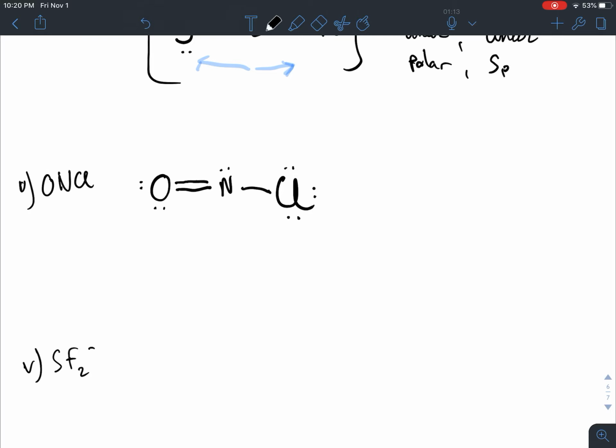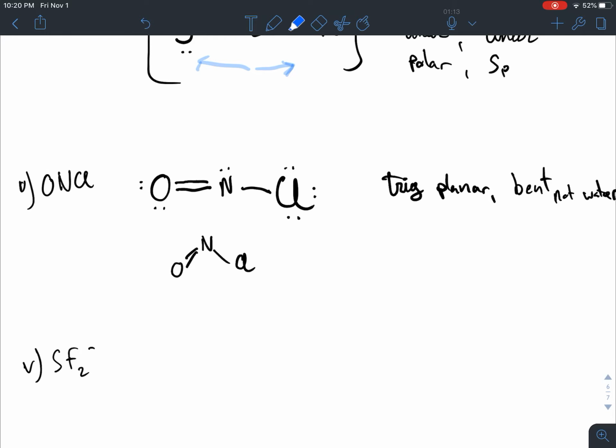Which I feel like we did before, but whatever. The base shape is trigonal planar. It is bent, the molecular shape, but not like water. It's a different kind of bent. Is it polar? Well, we need to draw what it actually looks like, a better representation.